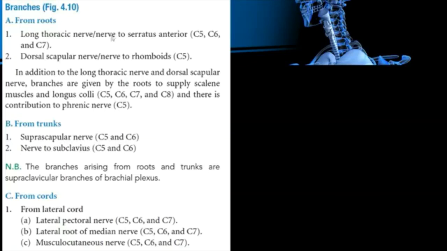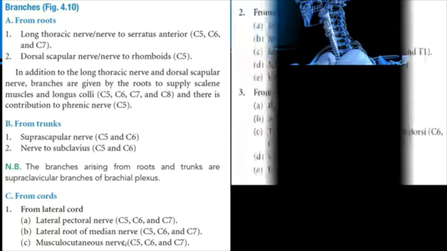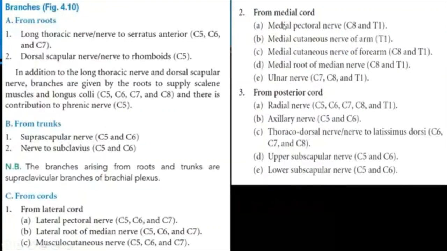The root value of the long thoracic nerve is cervical 5, 6, 7. The dorsal scapular nerve is cervical 5. Two nerves come from the trunk: the suprascapular nerve and the nerve to subclavius. From the lateral cord there are the lateral pectoral nerve, the lateral root of the median nerve, and the musculocutaneous nerve. You have to know the root value of these. You will be asked in the viva examination.